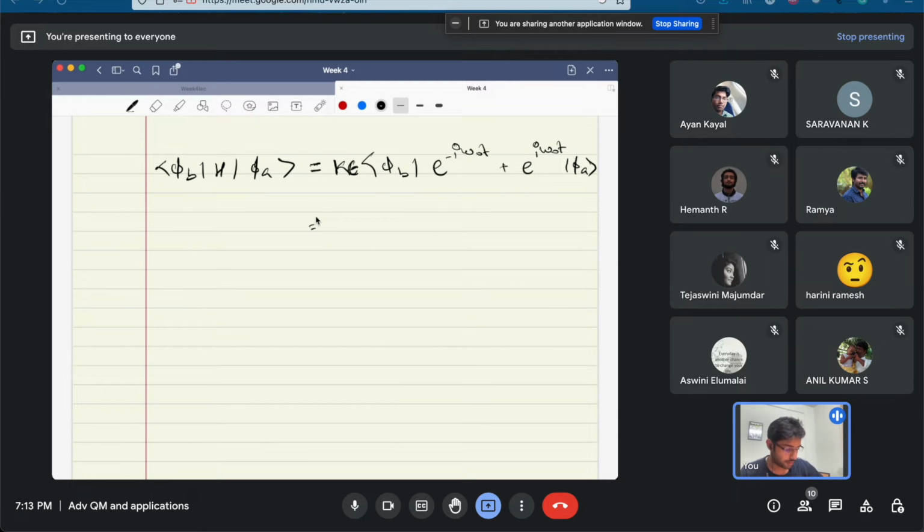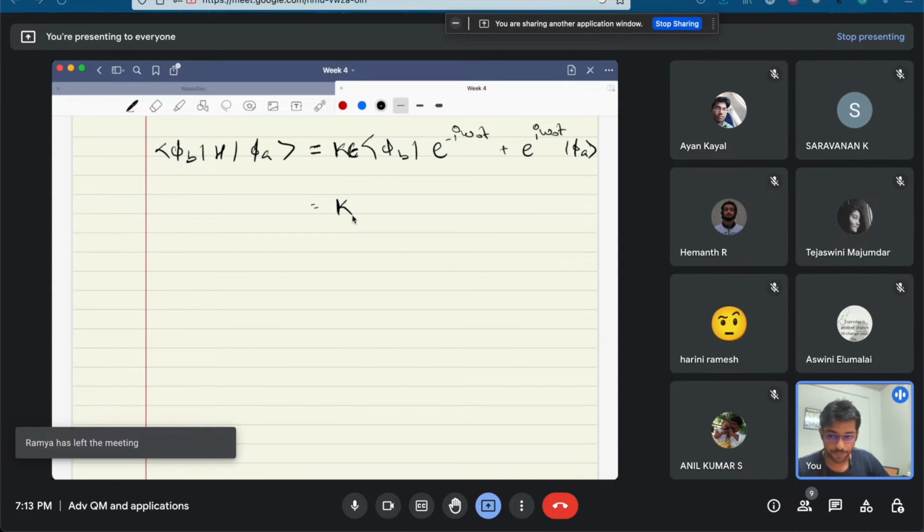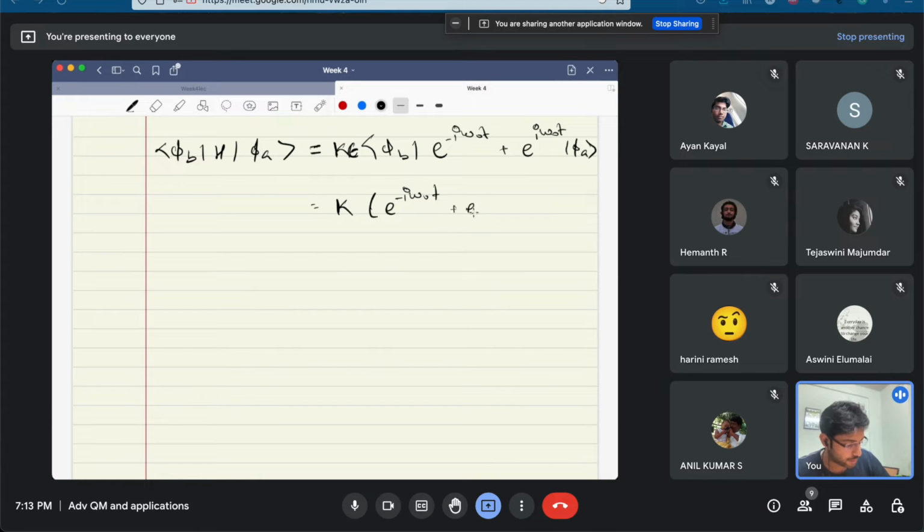So from here you can write it in the form where we keep these constants as k, and we take these out. You take these, e to the power minus i omega naught t plus e to the power i omega naught t, and we had some other terms in the expression that I have missed. Sorry about this, these were supposed to be inside here.